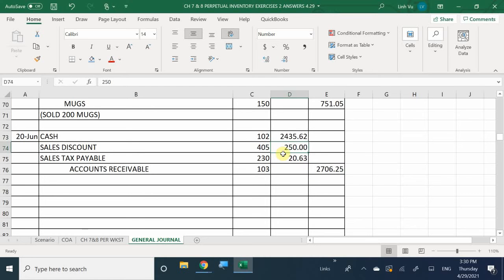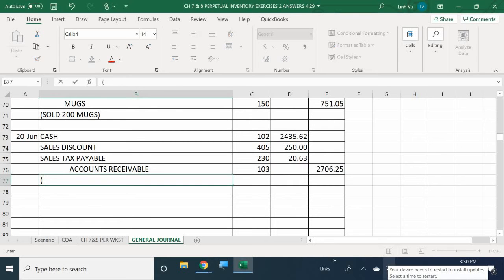How we calculated it was I just took the total amount that they owe me, minus out the discount, minus out the tax, to get my total amount of cash that I should be receiving. So in this case, they got a nice discount from us. So now I received $2,435.62.